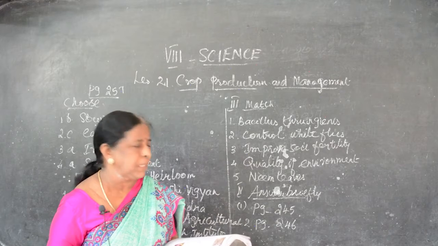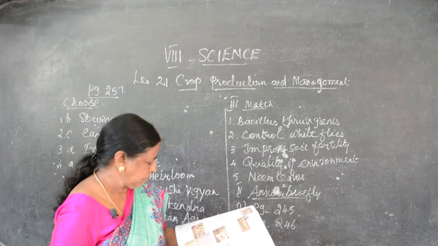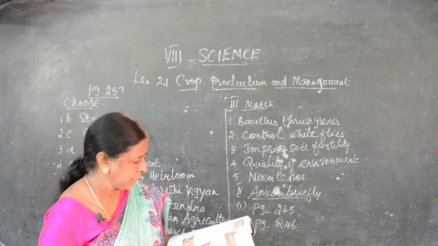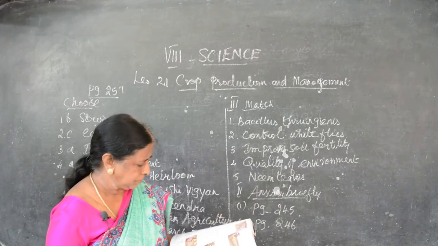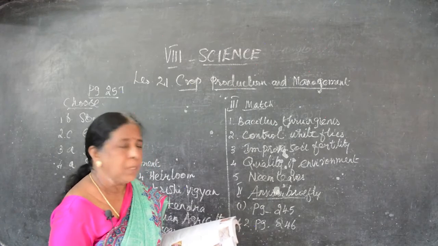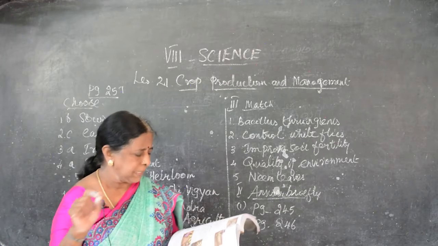Next to seeds you have to write 'are'. Say, seeds are. Here underline the method only. Underline the headings alone. Sowing by hand. Underline the heading seed drill and dibbling. Children, can you follow what I said? What are the headings given?